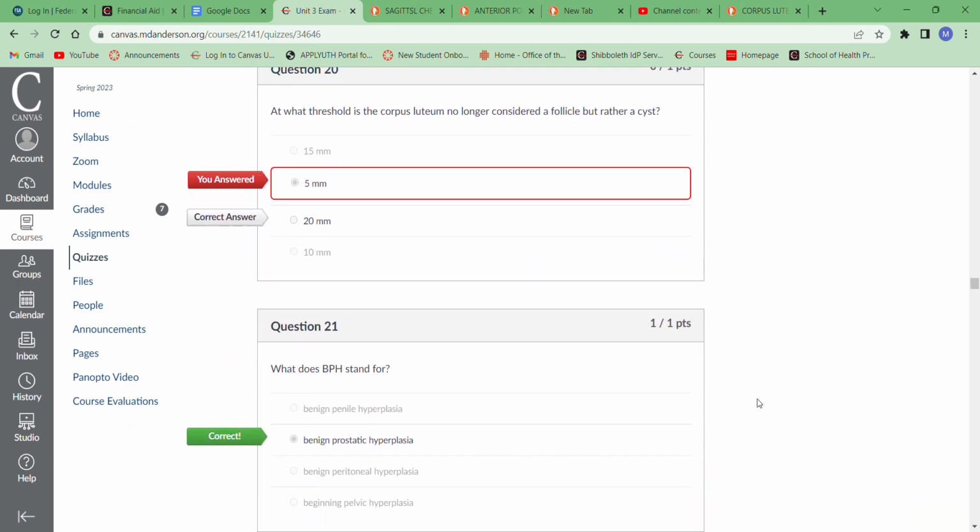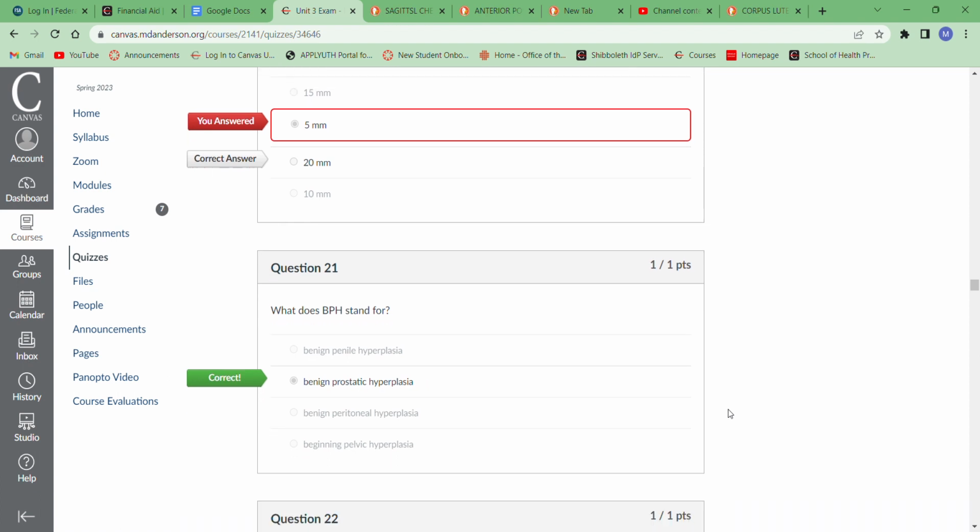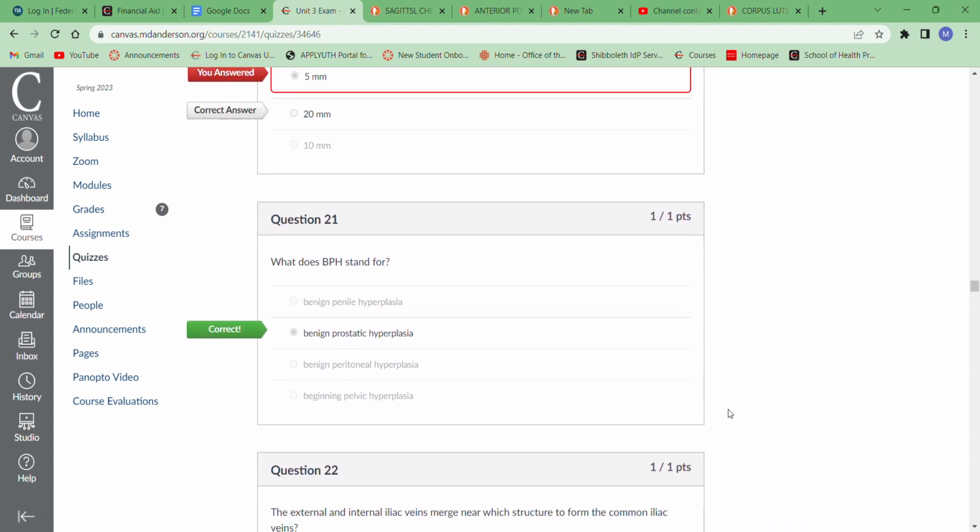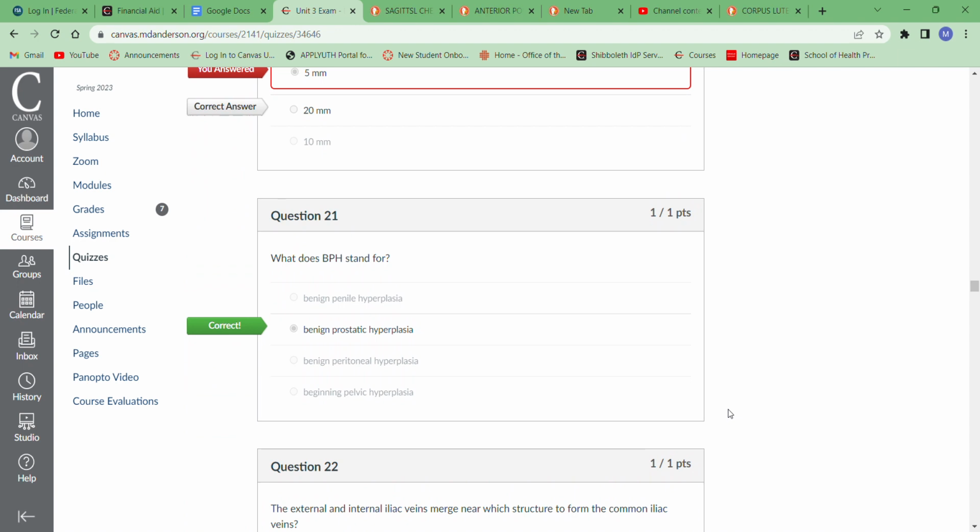What does BPH stand for? Benign prostatic hyperplasia. It's just the prostate gets really big when you get old for no reason. External and internal iliac veins merge near which structure to form the common iliac vein?